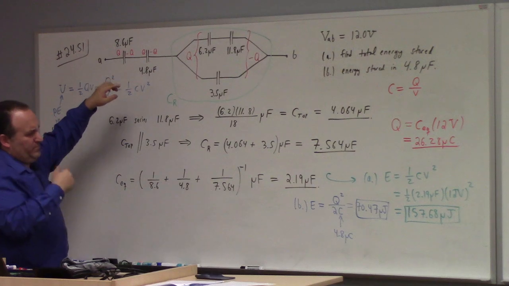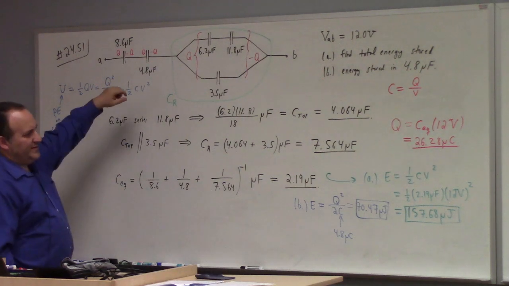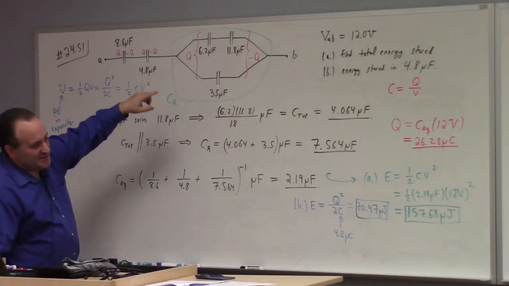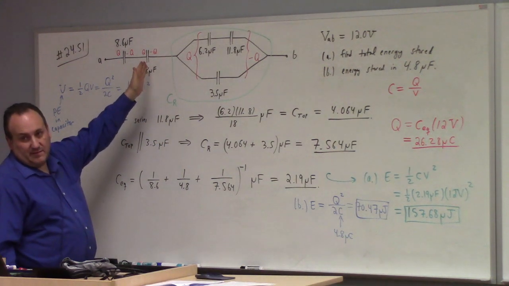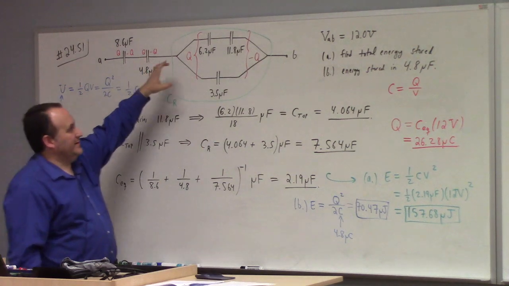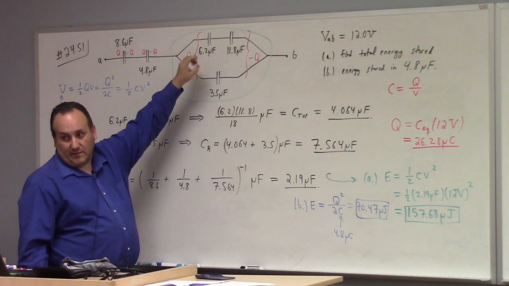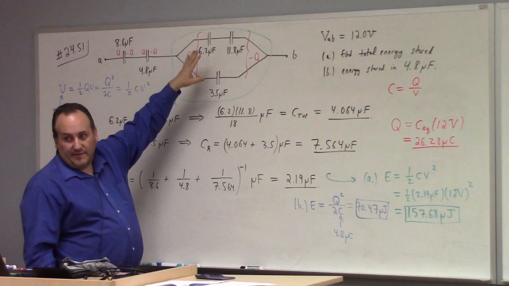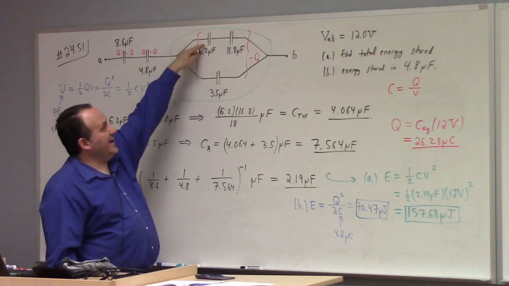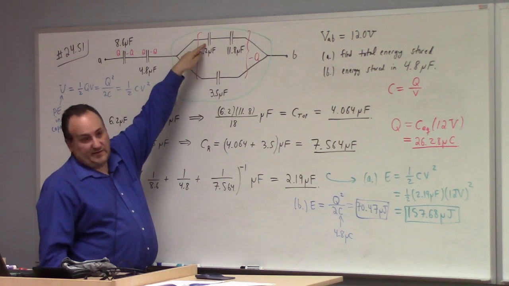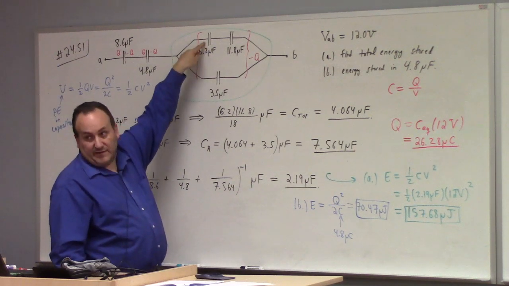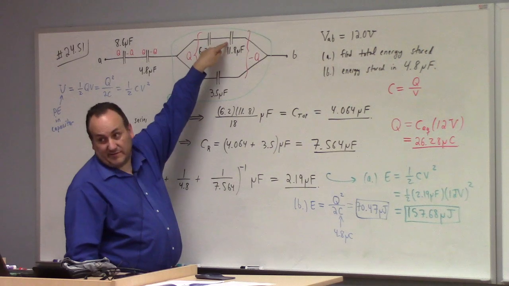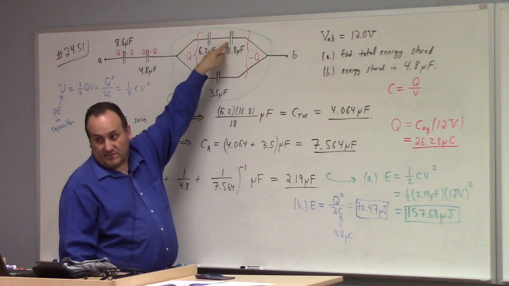There is 26.28 microcoulombs on this capacitor, on that capacitor, and it's shared over here. I'm not sure how much on each one of these, but the sum of the charge on this and that is 26.28 microcoulombs. And whatever the charge is on this one, it's the same as the charge on that one because they're in series.